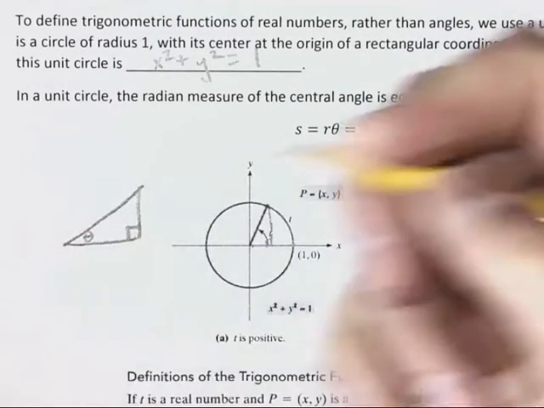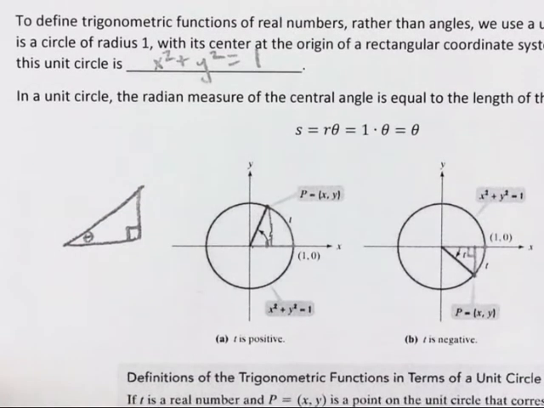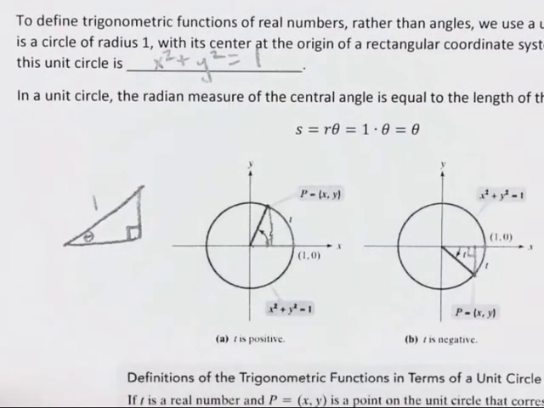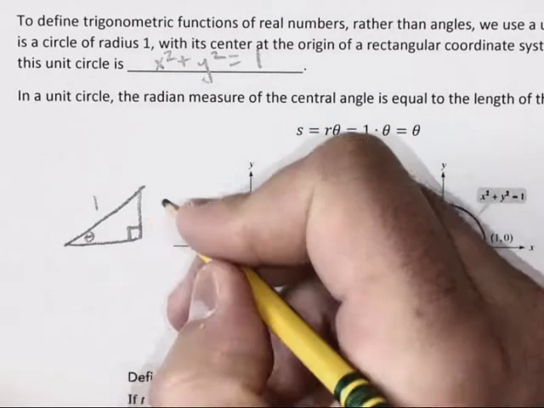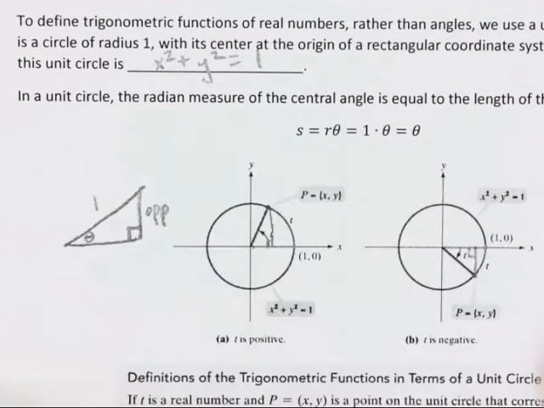Here's the angle measure, the central angle, okay, of the unit circle. We know that the radius of the circle is 1, and so that is the hypotenuse of this right triangle. And I know that this is the side opposite the central angle, right?